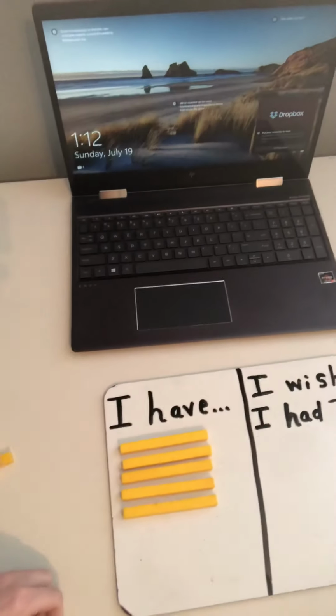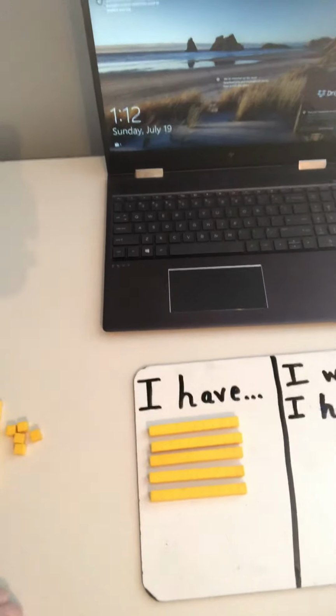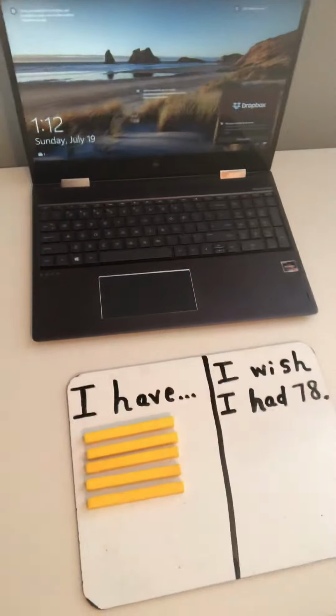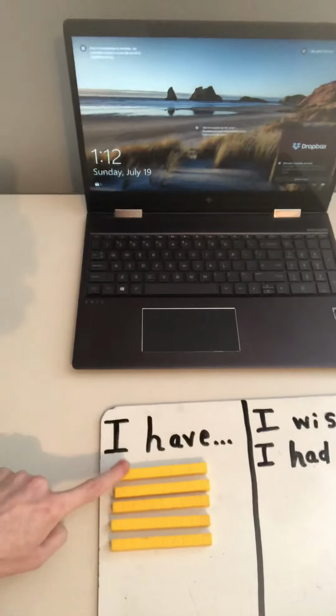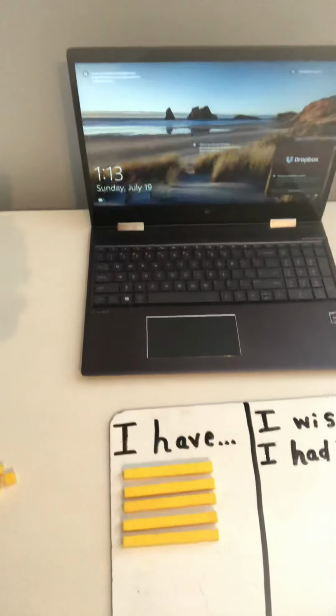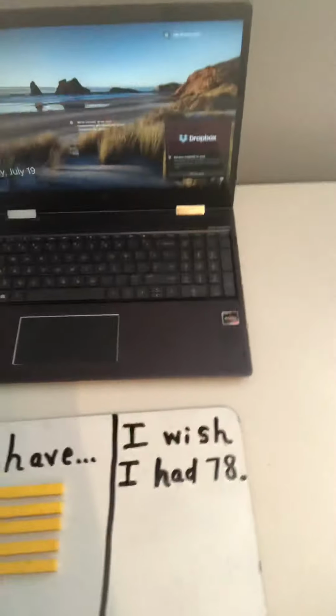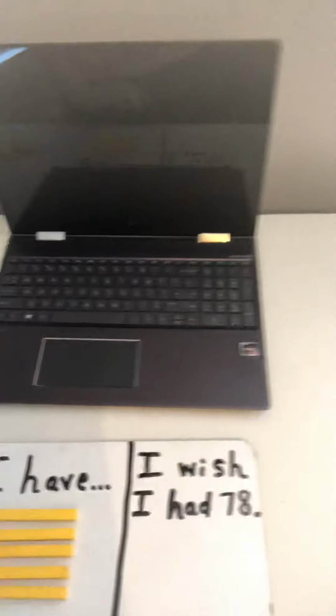What is my number? I have how many? If you said 50, you are correct. And let's count and double check. I have 50. 10, 20, 30, 40, 50. Good job, friends. But look, it says, I wish I had 78.